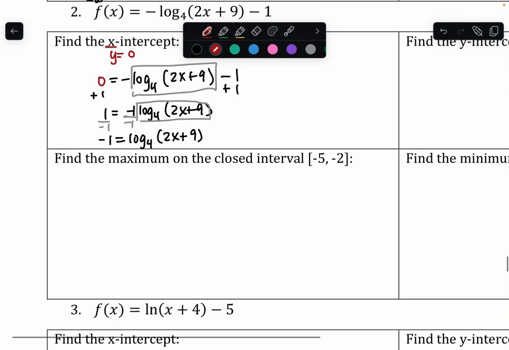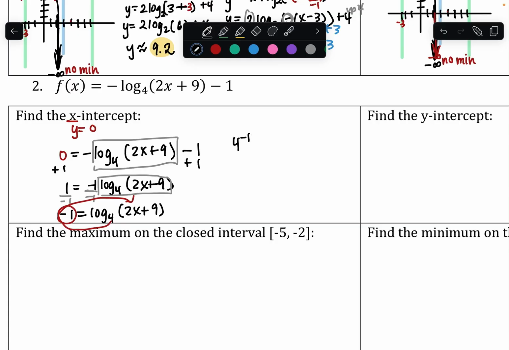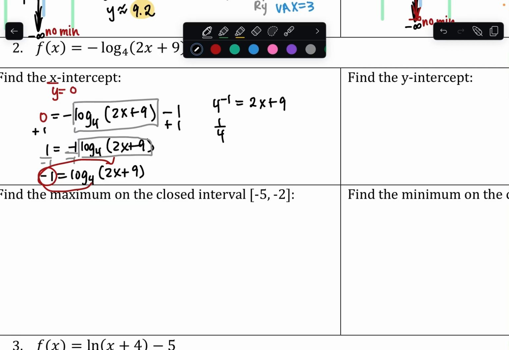We're ready to convert. Base 4 to the negative first power equals 2x plus 9. 4 to the negative 1 is 1 over 4.